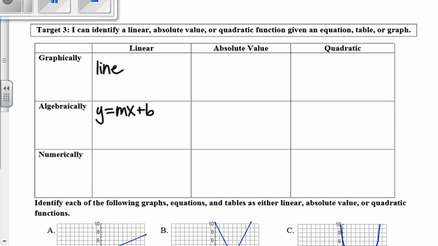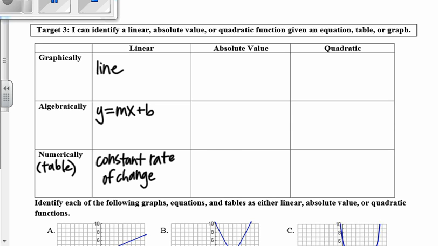And then numerically, which means from a table, we looked at this in Unit 1, we're going to be looking for a constant rate of change. So we're going to calculate the rate of change, and if there's a constant one, we're looking at a linear function because that constant rate of change is known as slope.